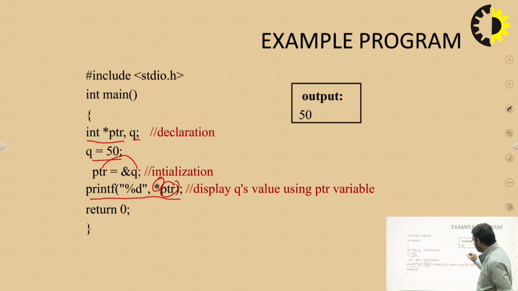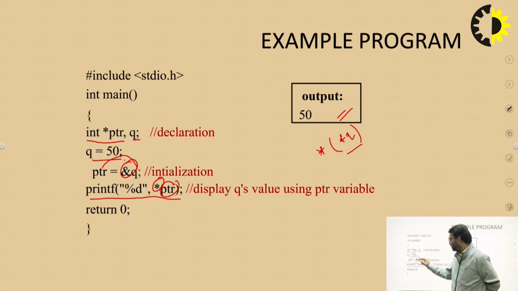The pointer contains the address of q, so we want to retrieve the value at the address of q. The value will be 50. So the answer will be 50. With the help of the AND operator, we are initializing the pointer. With the help of the indirection operator, we retrieve the value through a pointer.